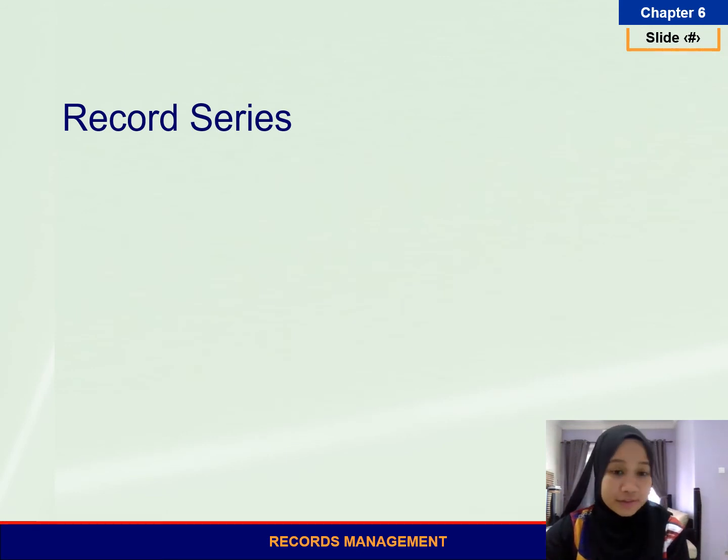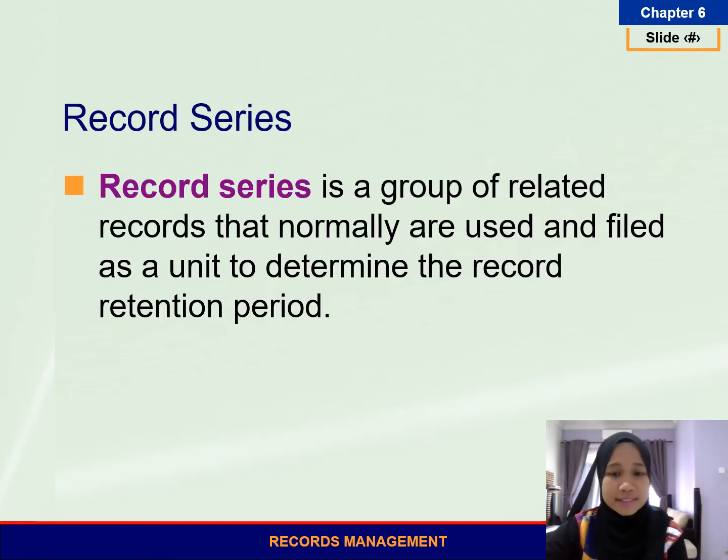So next is record series. Okay, so a record series is a group of related records that normally are used and filed as a unit to determine the record's retention period. Record series ni adalah group of related records, which includes all the information pasal organization record.